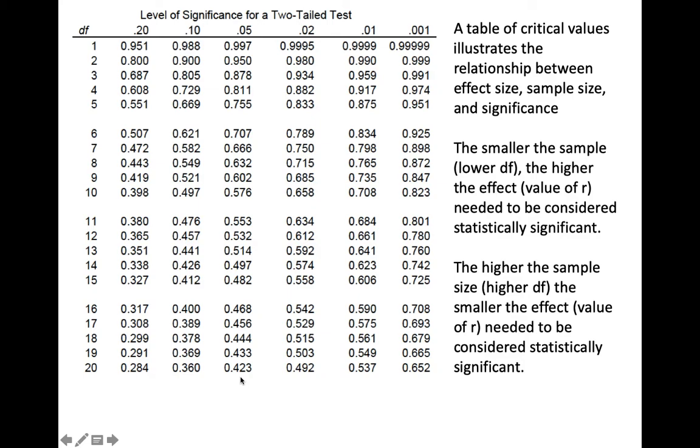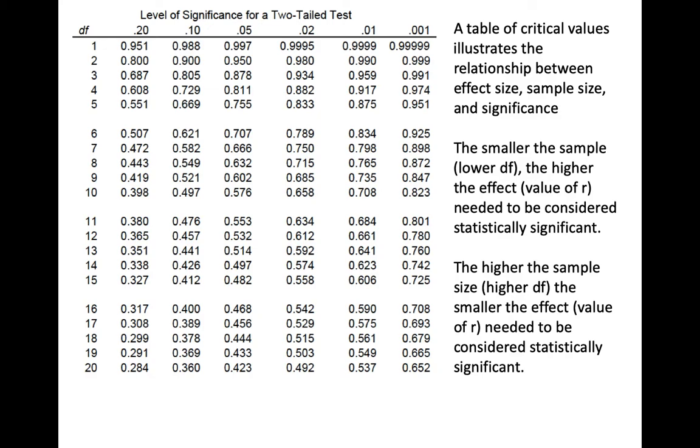Okay, so you can see the difference in sample size. In order to say that in a study of 6 people there's a statistically significant correlation, you need a correlation that is at least as big as 0.811, positive or negative. But with 22 people, you only need a correlation of 0.423, positive or negative, to say that that's statistically significant.